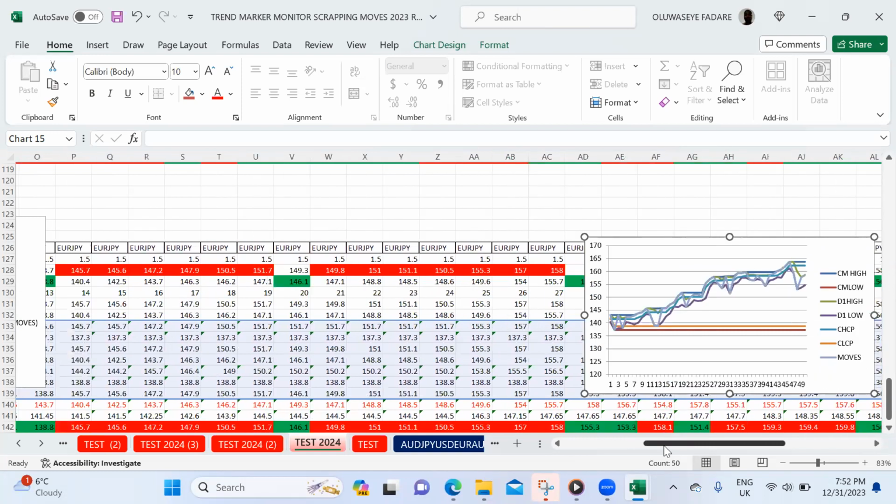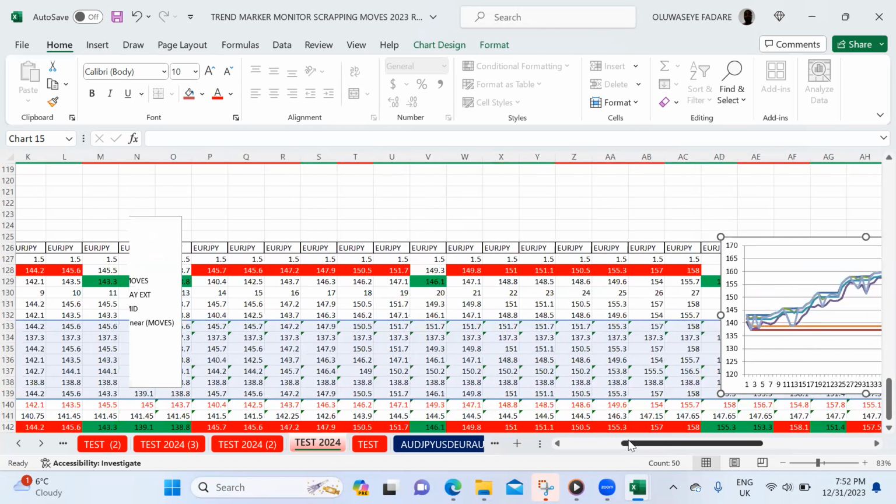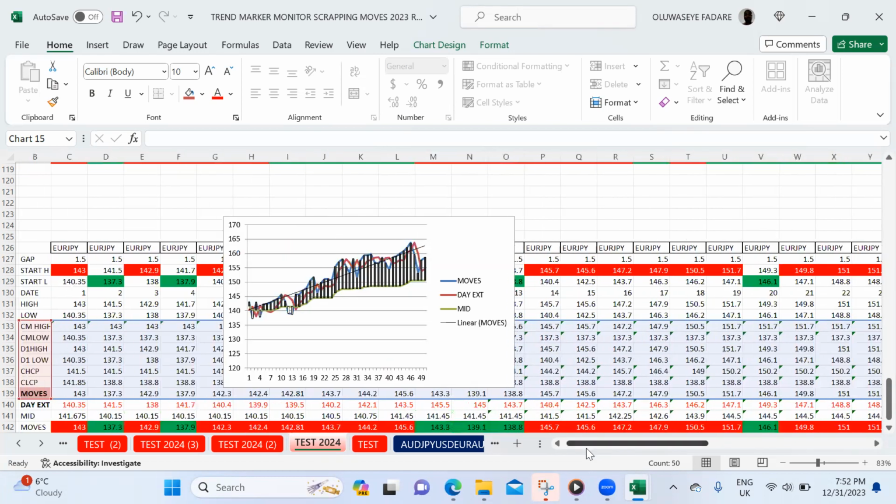So you can see that from this pictorial view, we can easily monitor and see how the market is moving in the course of the period, and it also helps us take correct actions as much as possible. And this also shows a black trend line, which means the market is more on the upwards than on the downwards.